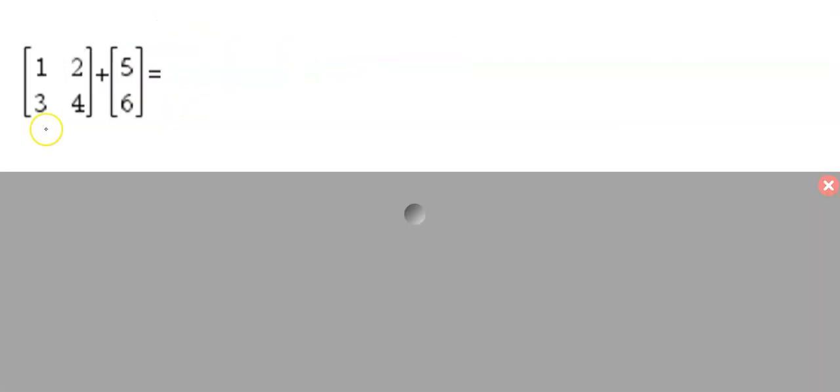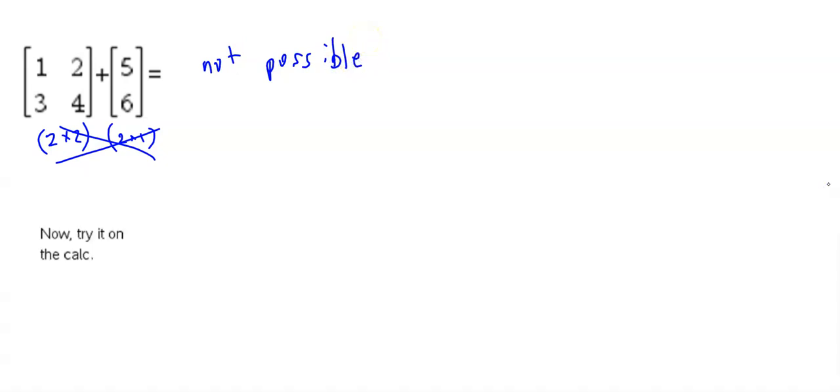Okay, so this one would be a 2 by 2, and this one is 2 by 1. Can we add those? We cannot. So this is not possible. You get an error message in your calculator if you try to add matrices that do not have the same dimensions. It's not going to work out. Let's see what happens.